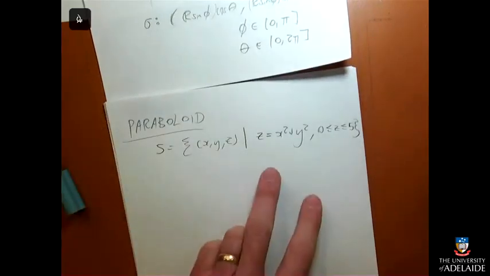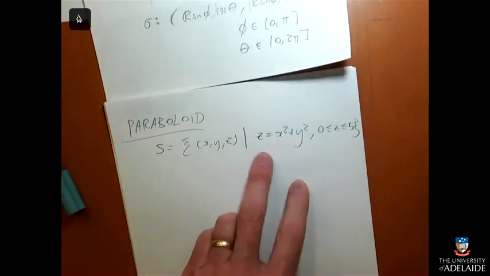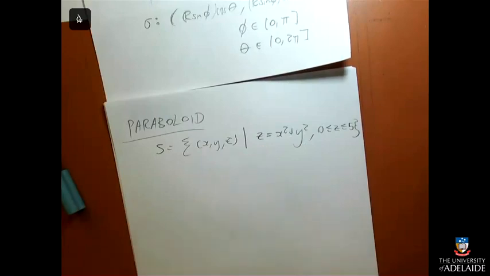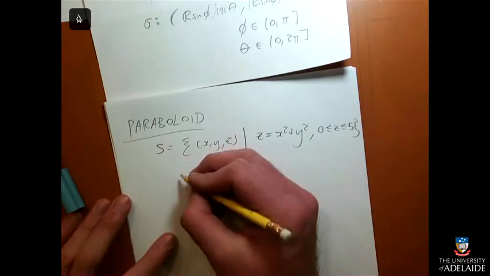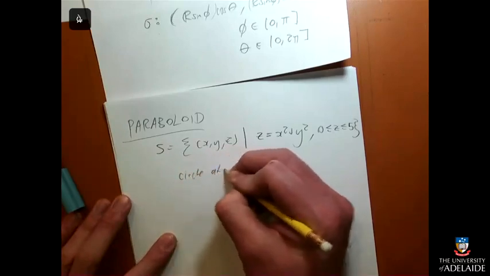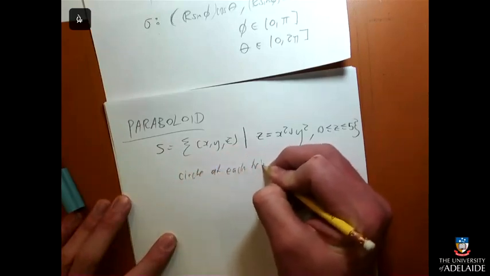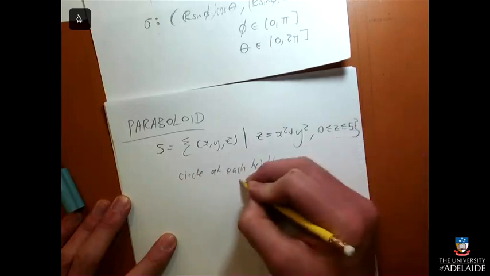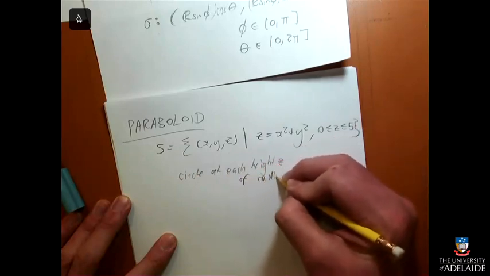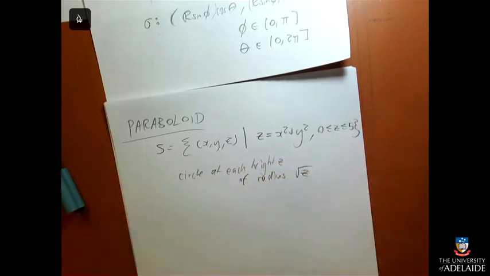Okay, so at different z's, x squared plus y squared equals a particular z. That would be a circle, and the circle's radius increases as z increases. Radius is root z.